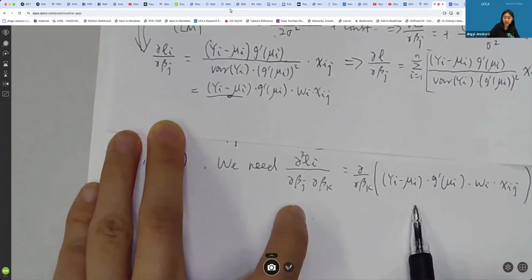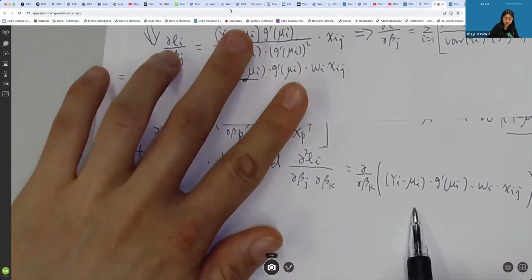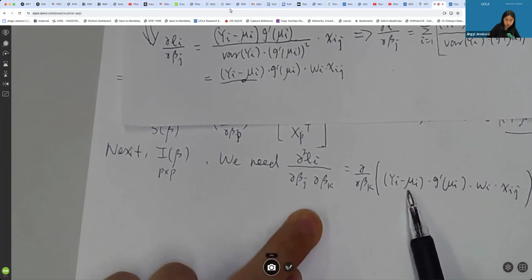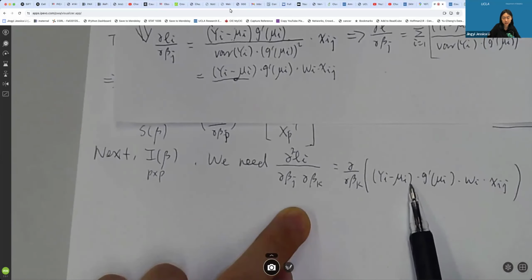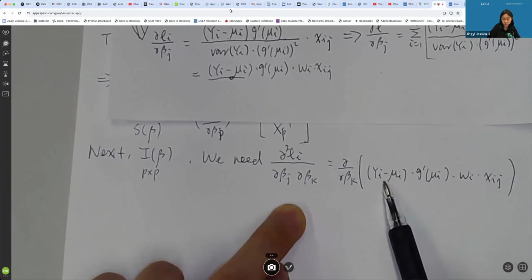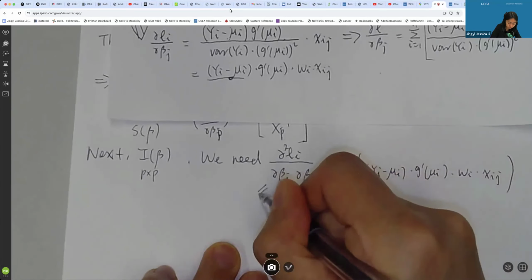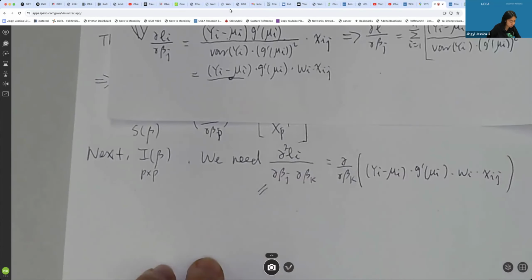Starting from there, we take the partial derivative with respect to beta k. You can imagine what will be involved: we will use the differentiation rule for a product to separate two things, and try to recycle some of the results we used.